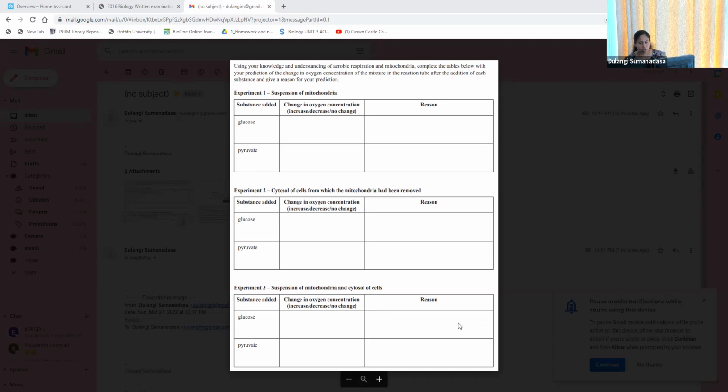Is that clear? Glucose is not a direct substrate for the aerobic process, right? But glucose will break down in the cytosol to produce pyruvate. But this pyruvate will undergo an aerobic process, which is the Krebs cycle, or you can say electron transport chain. So the glucose product, pyruvate, will use oxygen to further break down until carbon dioxide, right? So the second stage is going to consume oxygen. So oxygen is going to drop.